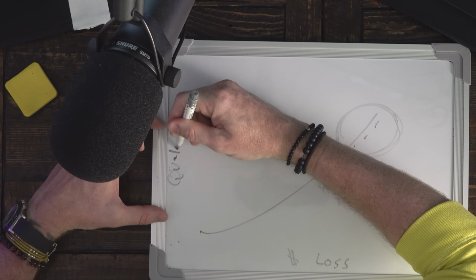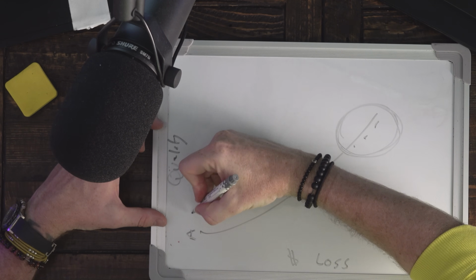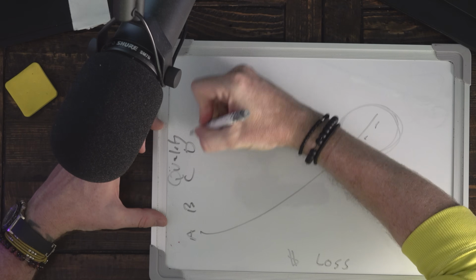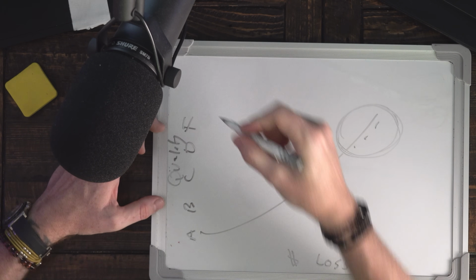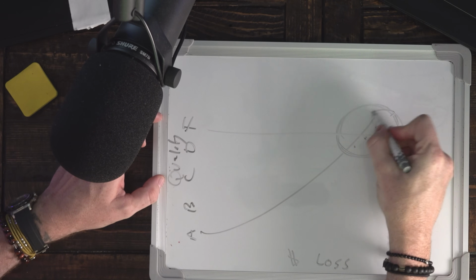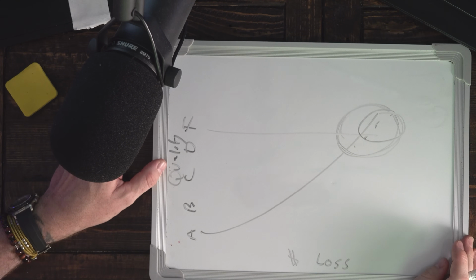So this is quality over here, and this is A, B, C, D, F. So you've got some big losses that are on F quality setups.